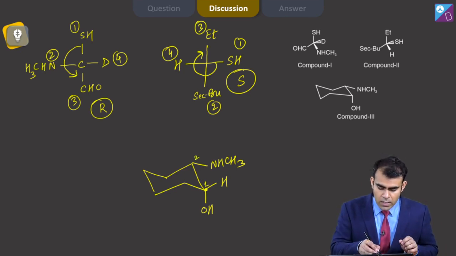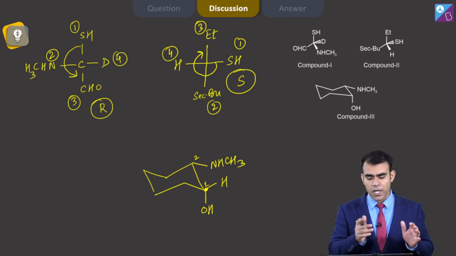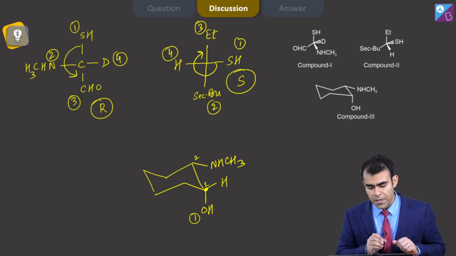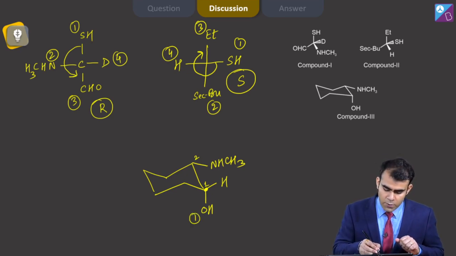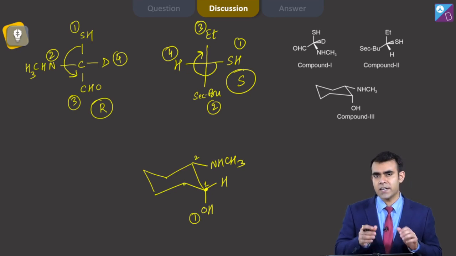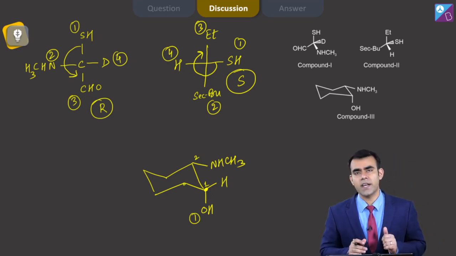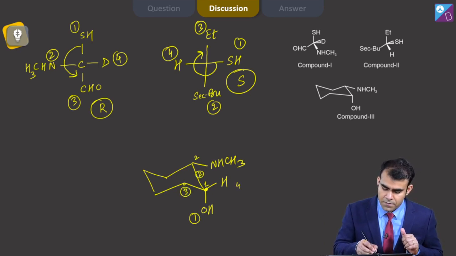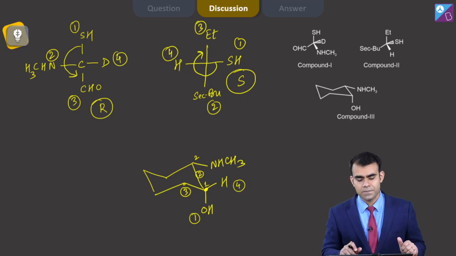Now if I look at my first carbon and do the numbering, this OH should be given first priority according to CIP. Then if you look at these two, this is carbon attached to nitrogen, carbon and hydrogen, and if I look at this carbon, it is attached with carbon, hydrogen and hydrogen. It means this should be given second, this is third, and this is fourth one.